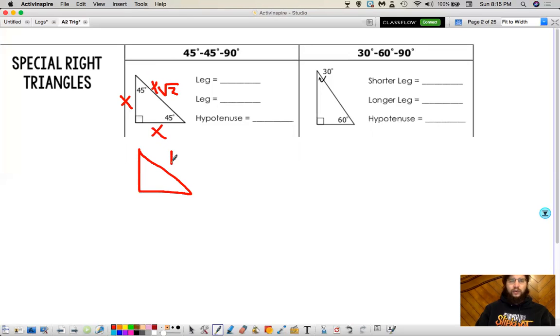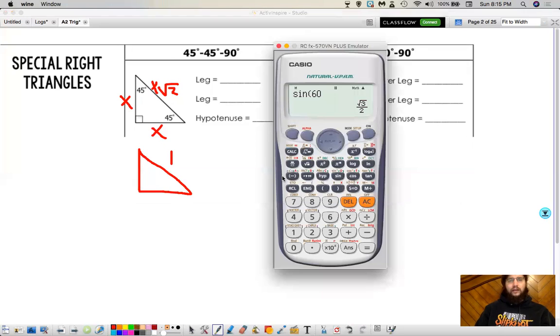So this is 1. To go from the hypotenuse to a leg, you could use Pythagorean theorem. x squared plus x squared equals 1. And if you do, you'd get the same result. 1 divided by square root of 2 is square root of 2 over 2.